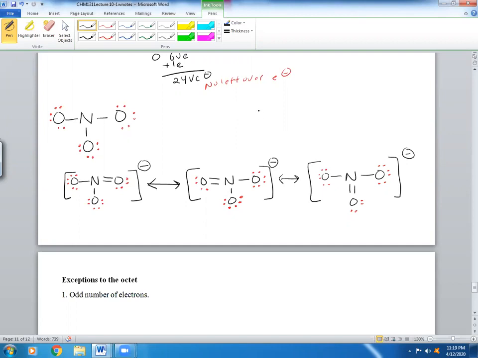A hybrid would look like this if you were to draw it. You would have those dashed or dotted lines. Like that.